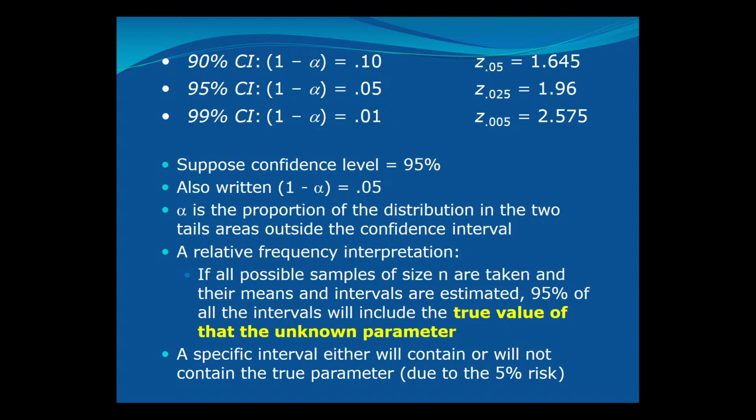Alpha is the proportion of the distribution in the two tail areas outside the confidence interval. A relative frequency interpretation: if all possible samples of size n are taken and their means and intervals are estimated, 95% of all the intervals will include the true value of the unknown parameter. A specific interval either will contain or will not contain the true parameter, due to the 5% risk.